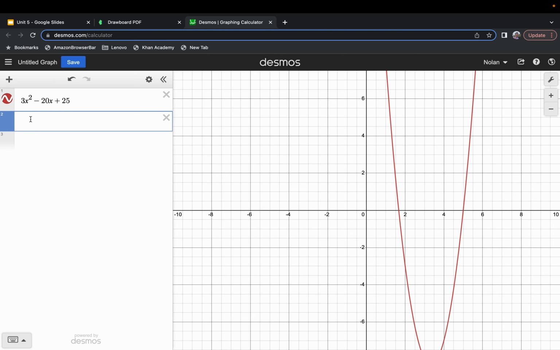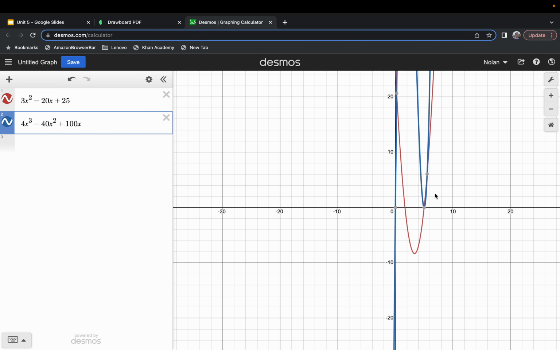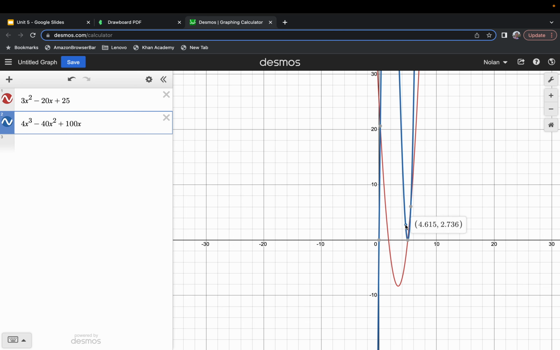Also going to put in our original function, which was 4x cubed minus 40x squared plus 100x. And now we have a sort of complicated function. You can see we can disregard all the values above 5.